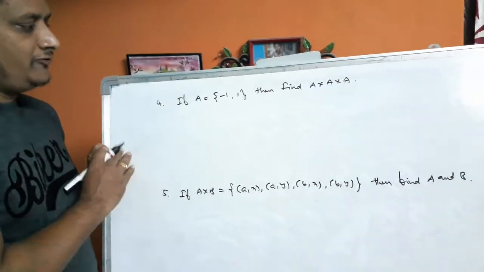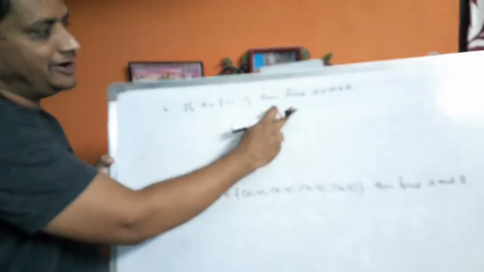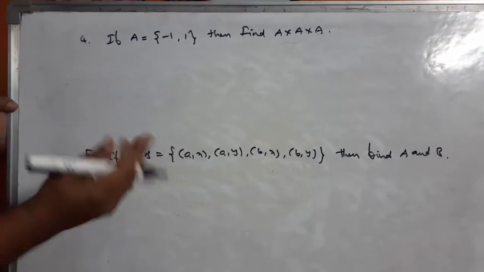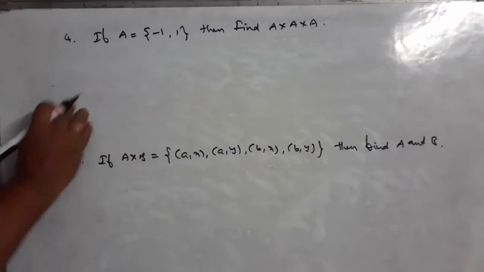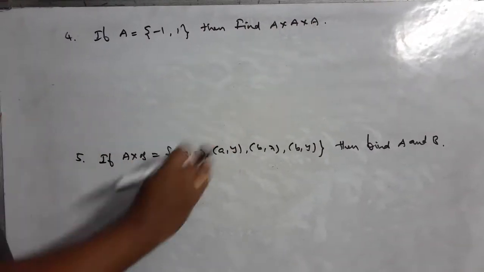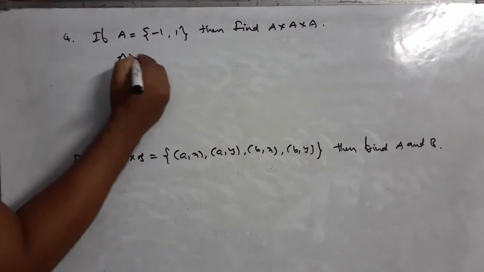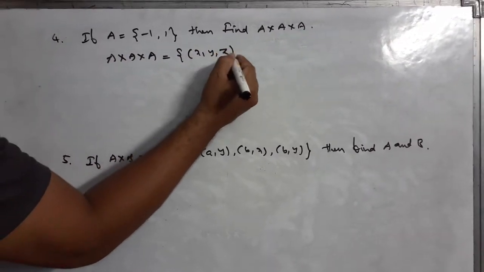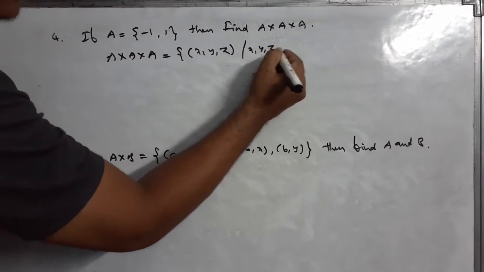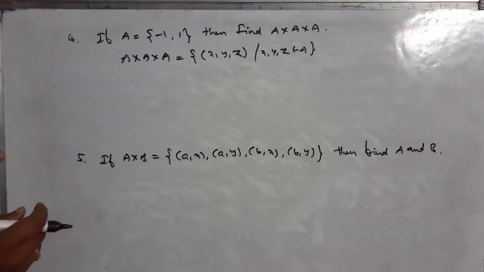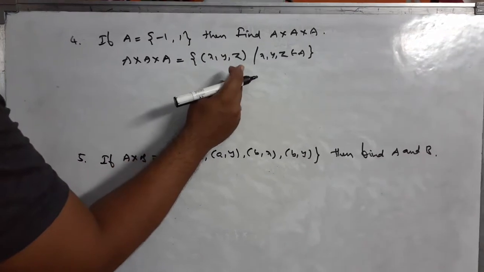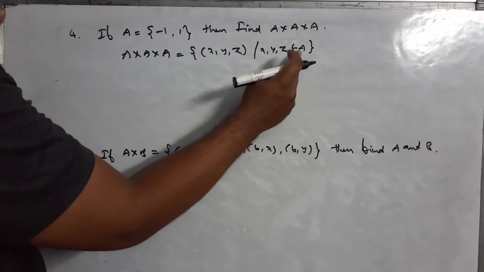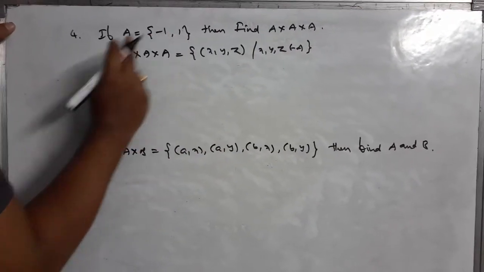Fourth one: if A is equal to {-1, 1}, then find A cross A cross A. A cross A means ordered pairs. A cross A cross A is an ordered triad, that is (x, y, z) such that x, y, z belong to A. A means {-1, 1}.